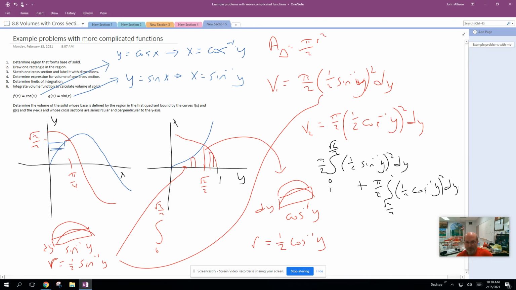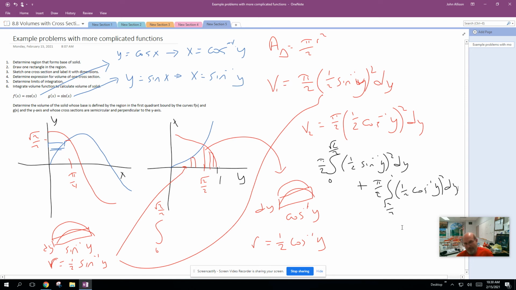This would be your integral that you would set up to calculate the volume of the solid generated with cross sections perpendicular to the y-axis bound in the first quadrant by the y-axis, cosine x and sine x.